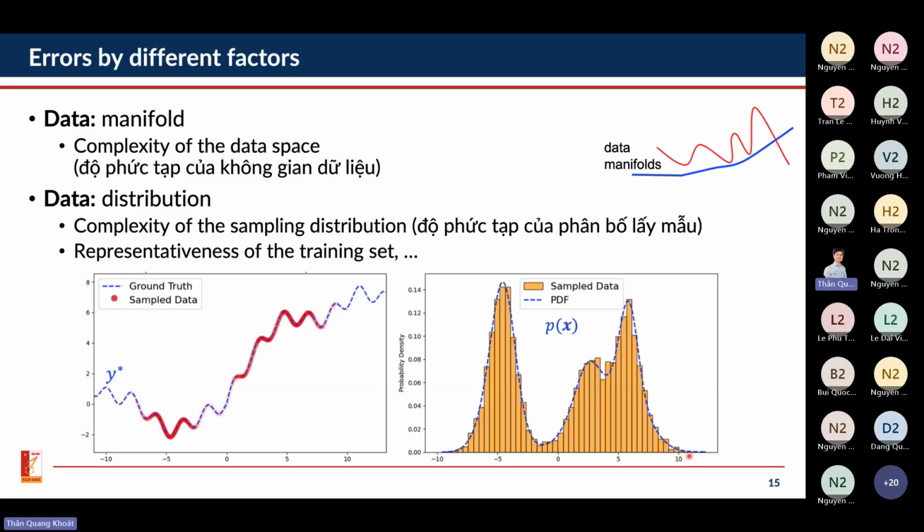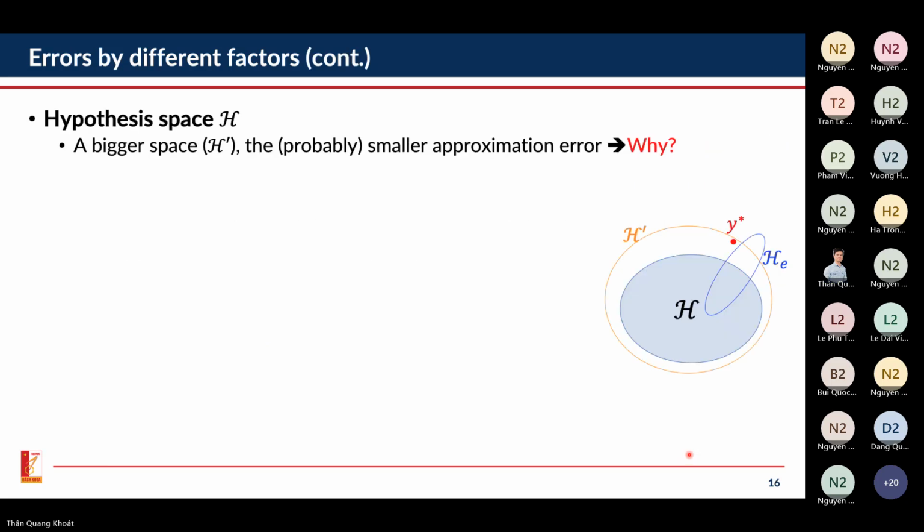The whole space can be very large, and you just collect some examples in a very small area, for example. So in that case, the training set is not representative, right? And of course, in that case, little information is in the training set. And we cannot hope that the training algorithm can understand the data space. Okay, so that is the first source.